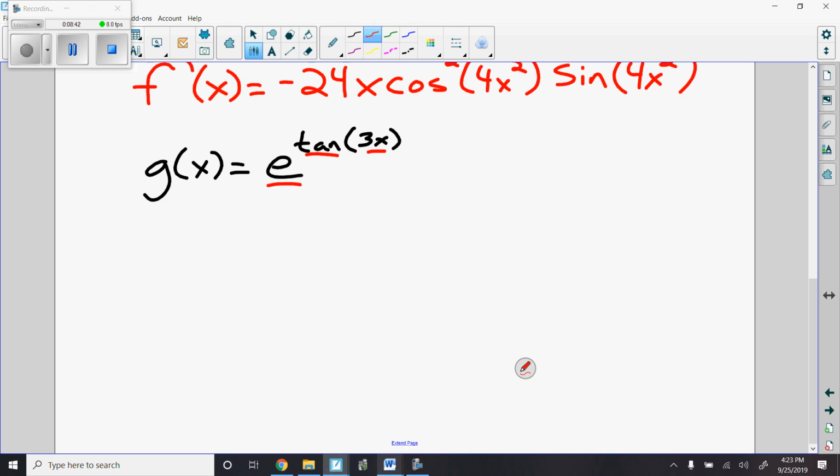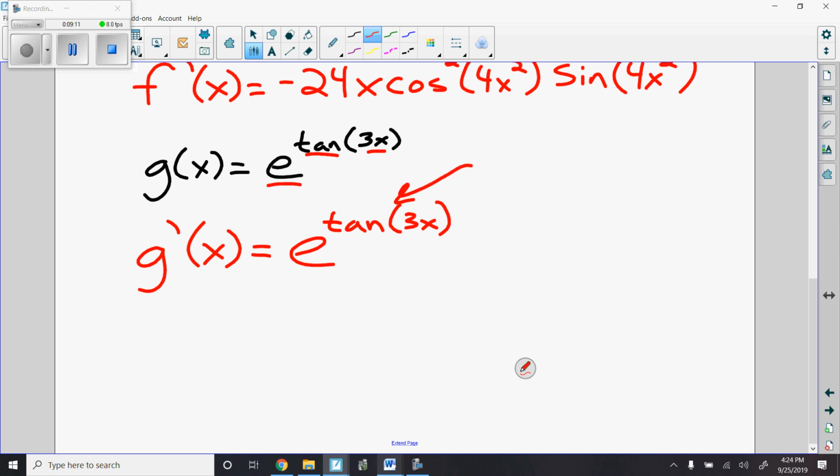Okay, doing the derivative now. I'm going to do the derivative of the outermost function, which e is its own derivative, so it's going to be e with respect to the inside. So this is going to start off e to the tangent of 3x times the derivative of tangent 3x.